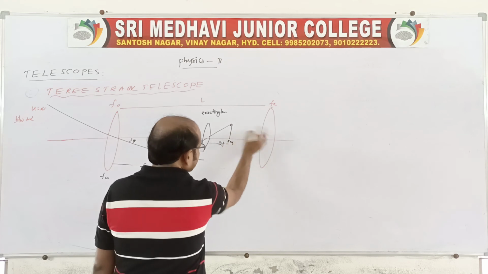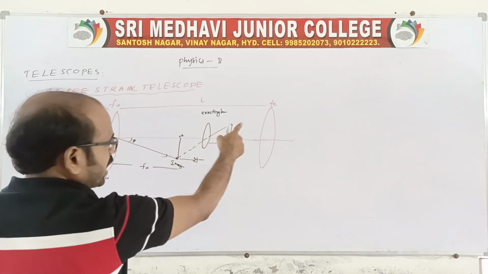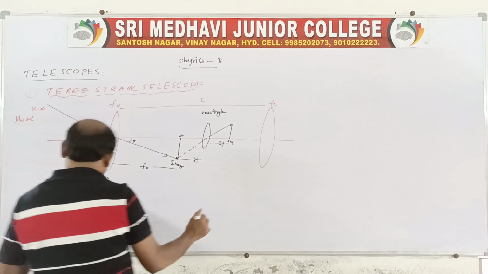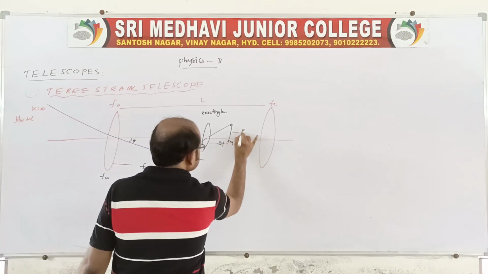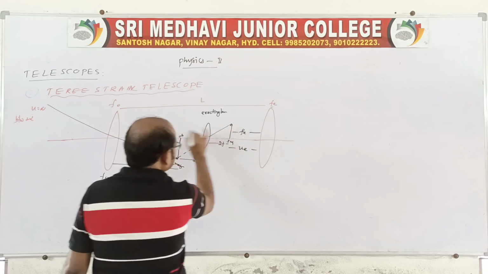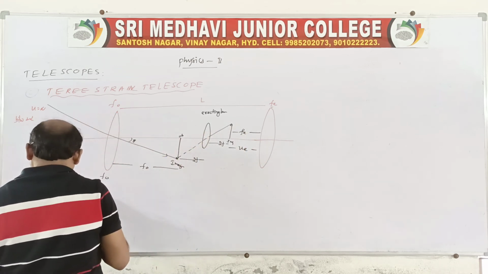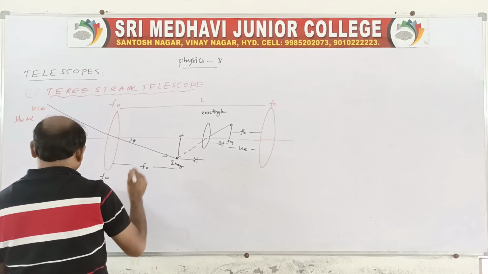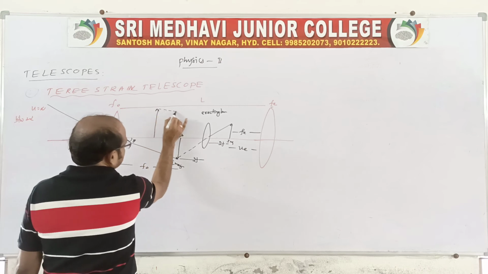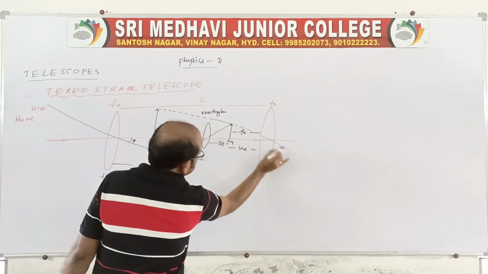Now this acts like an object for this eye lens, at a distance of fe, the focal point of the eye lens. Therefore the final image will be formed at a position like this. It is correcting the image which was formed by the lens like this. Clear?